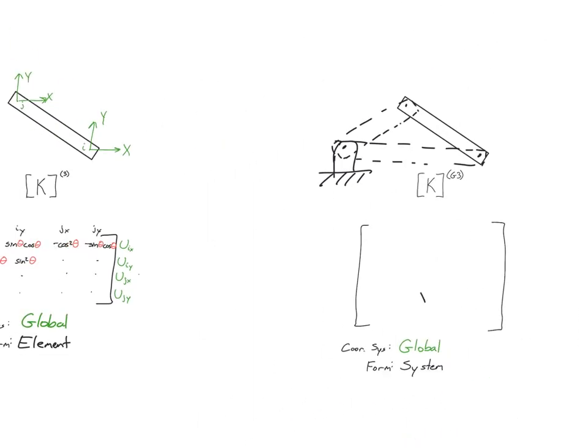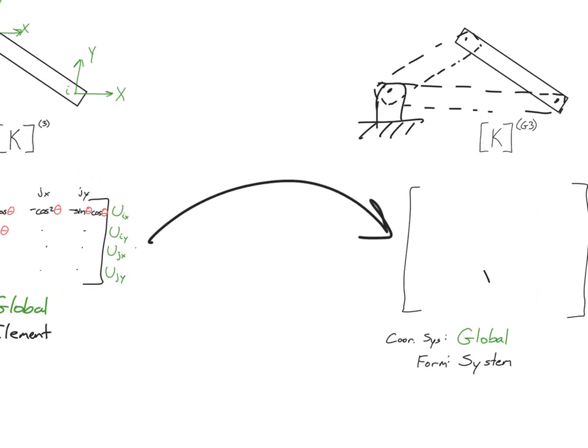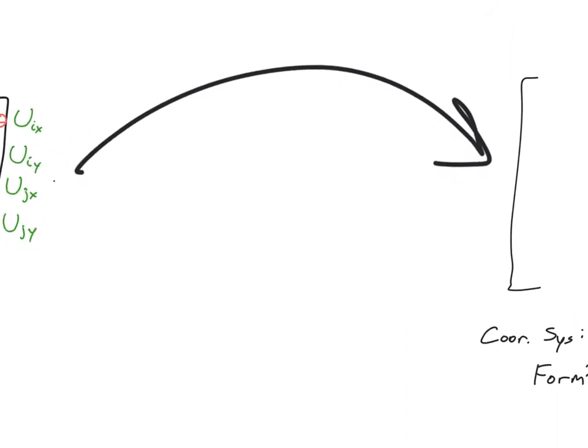So if we move back over here, how do we make this shift? Well, we're in our global coordinate system, and we've got to go from the element to the system form. So that's where we're going to use these. I think I've given them similar names for the transformation matrix, but basically in the MathCAD file I call it the trans matrix, so maybe we'll focus on that terminology. So the overall trans matrix.